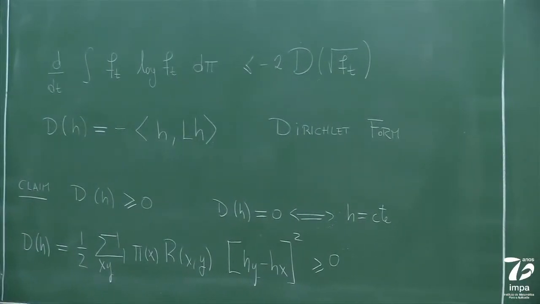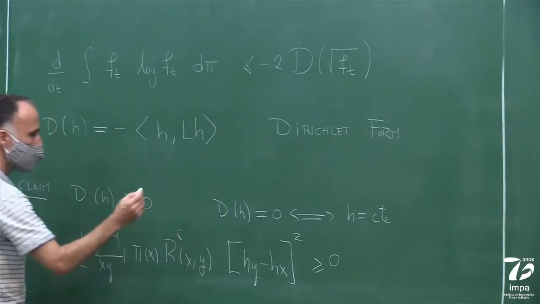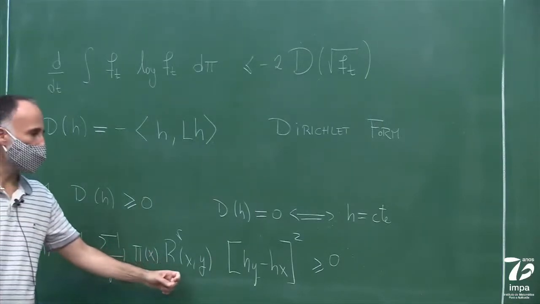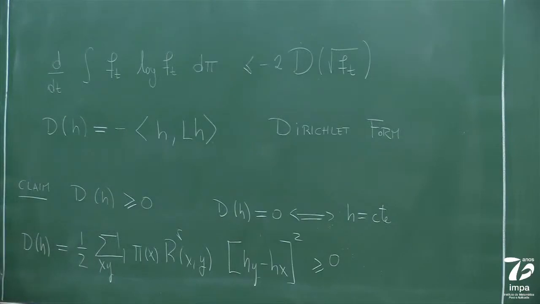So we just proved that the Dirichlet form is positive. Now the second claim is that assume that it's 0. Well, since all terms are positive, if this sum is 0, it means all terms are 0, which means that h y is equal to h x whenever Rs xy is positive.